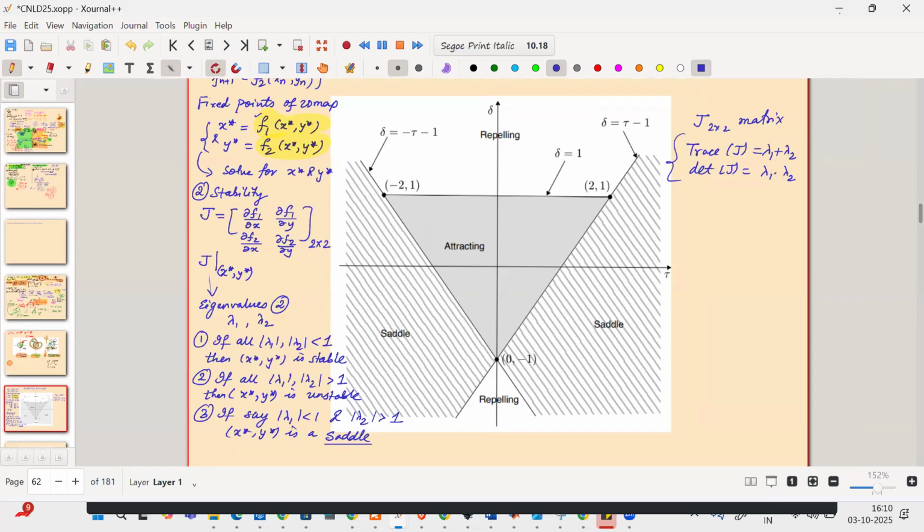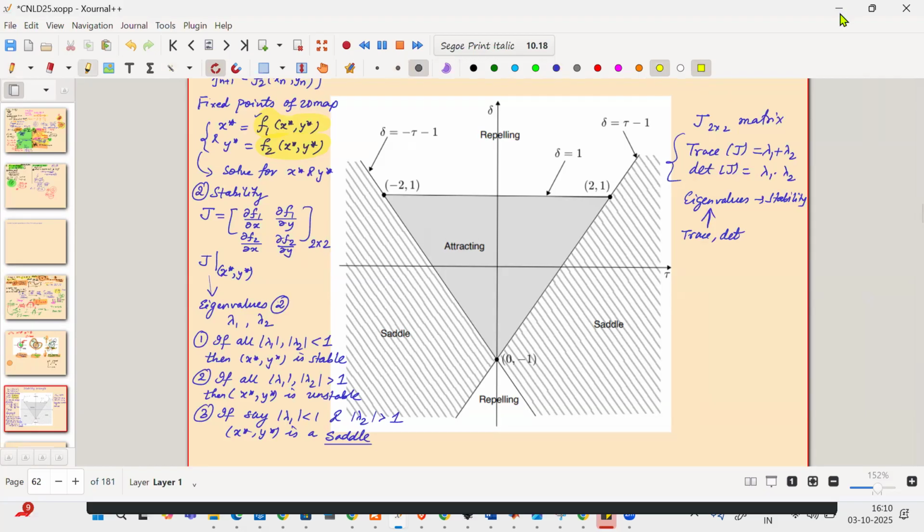Now you can clearly see that eigenvalues are related to stability. However, trace and determinant are related to eigenvalues, so can you see an indirect relation?